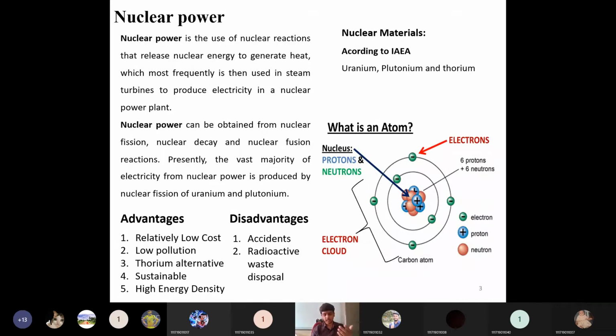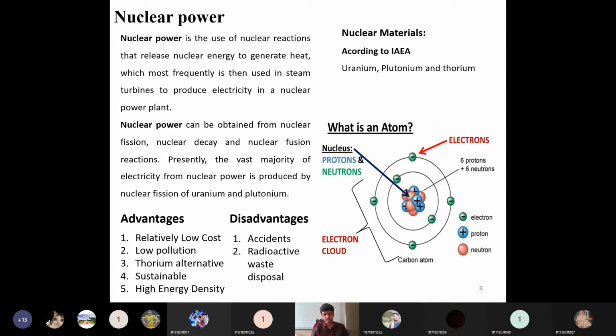Usually these protons are equal in magnitude to the electrons, but the charge is different. Electrons have a negative charge, whereas protons have a positive charge.